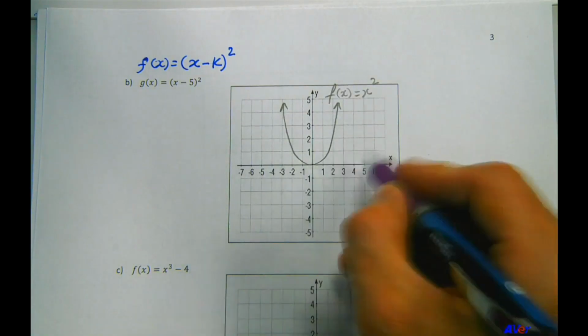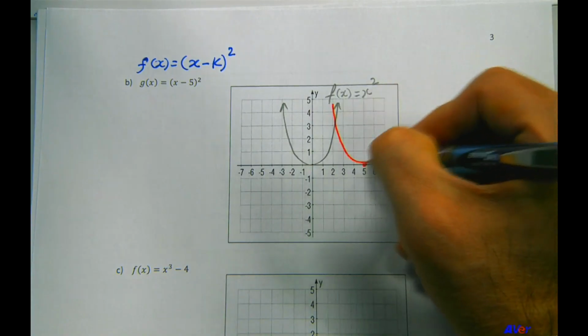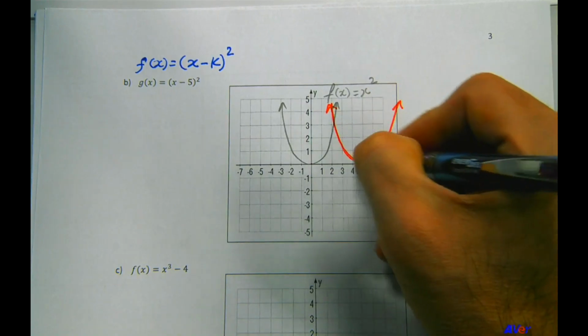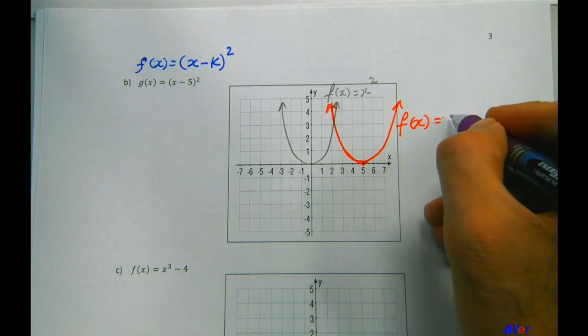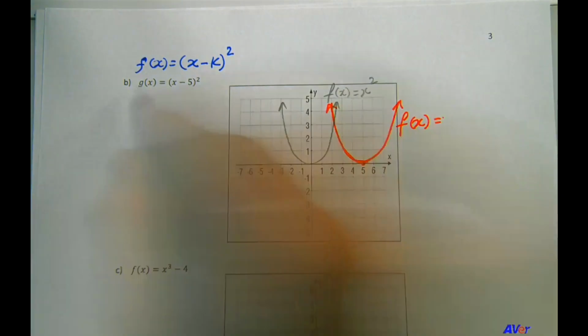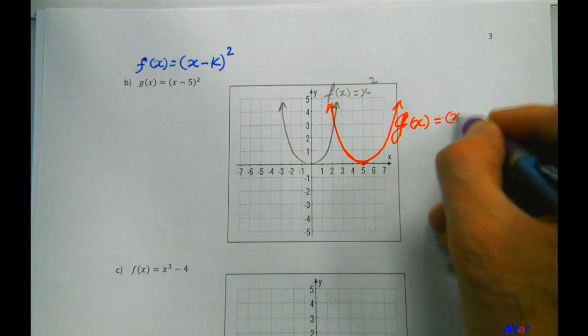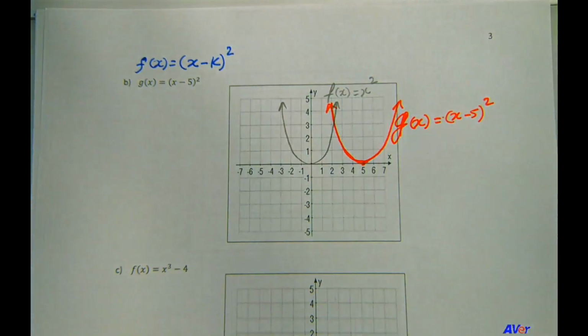This vertex ends up here. And so that is the graph of g of x equals x minus 5 squared. Are you seeing how this transformation is happening?